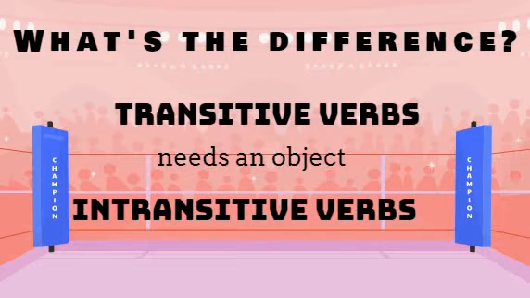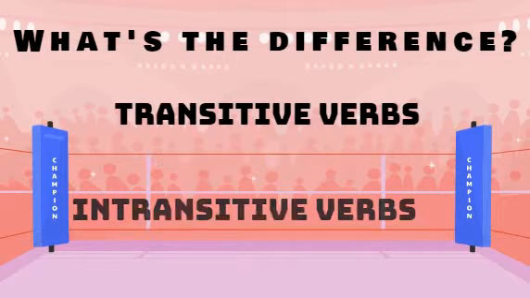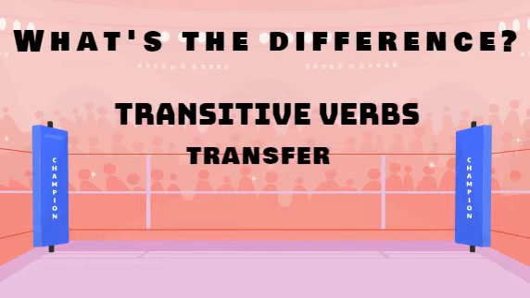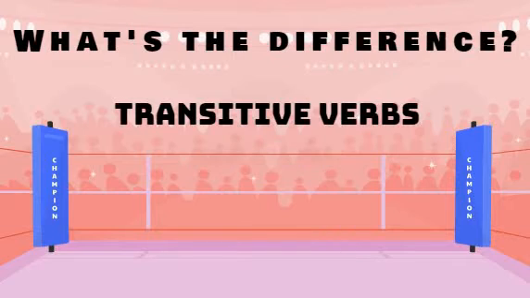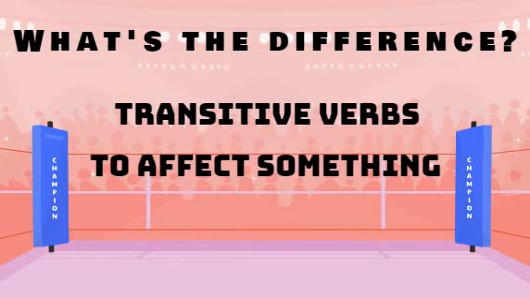A better word to associate when you see transitive is transfer. A transitive verb needs to transfer its action to something or someone, an object. In another sense, transitive means to affect something else.